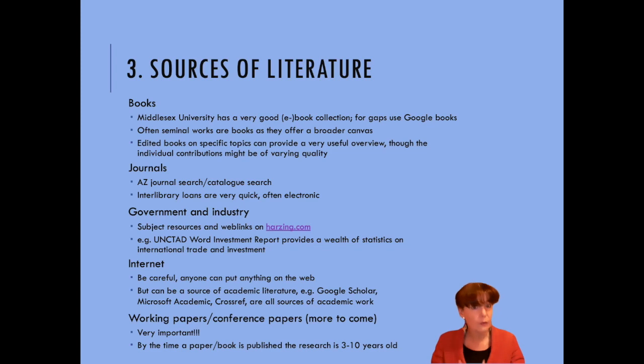However, in addition to books and journals, there are also other sources. You might look at government and industry sources. I actually have a very useful list of links on my website. And for instance, if you're working in international business, the UNCTAD World Investment Report provides a wealth of statistics on international trade and investment. But this might be the case in any area of business and management and economics.